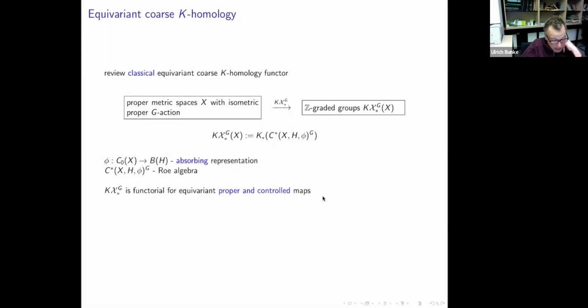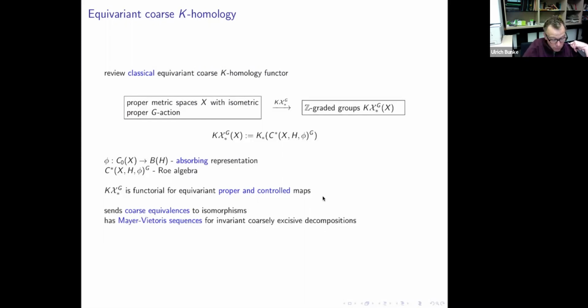And then, I mean, one has to show it's independent of the choice of this absorbing representation. And by similar methods, one can show it's functorial for equivariant proper and controlled maps. So these additional properties, some of the justification to call it coarse K homology, are, okay, it sends coarse equivalences to isomorphisms, of course.